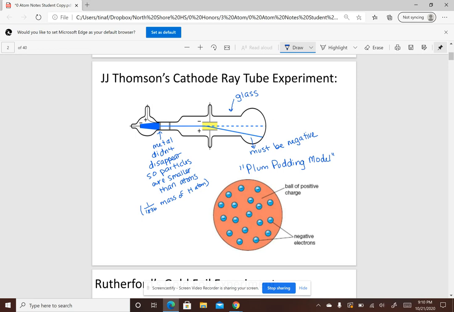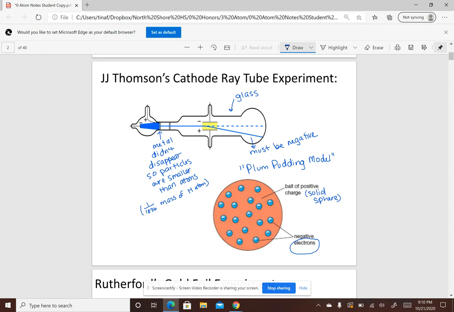If you can't picture what that looks like, it's almost as if you have a ball of cookie dough. So he still agreed with Dalton that there's this solid sphere, but he said the solid sphere also has electrons in it. He pictured those electrons as being embedded in the solid sphere, just like chocolate chips in cookie dough.